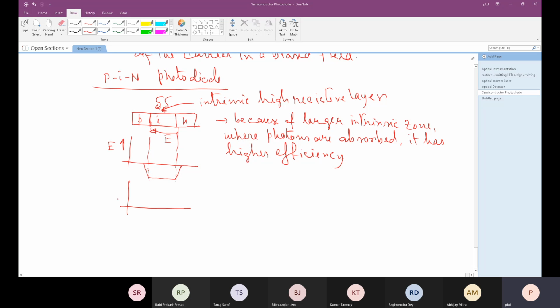And the charge density, because of the lower drift velocity in the P and N type, there would be accumulation of charges around that.